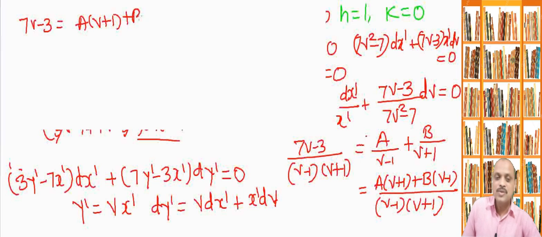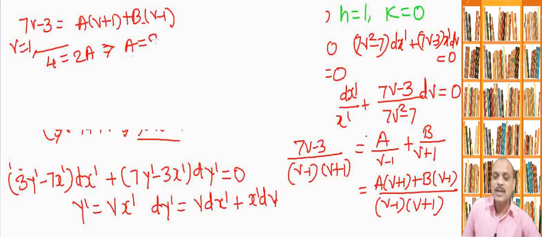So let us put v equal to 1. If we put v equal to 1, 7 − 3 = 4 equals 2A, and this implies A equals 2. If we put v equal to −1, −7 − 3 will be −10. −10 equals −2B, and this gives B equals 5.